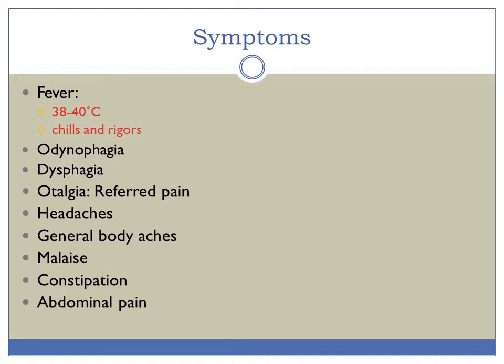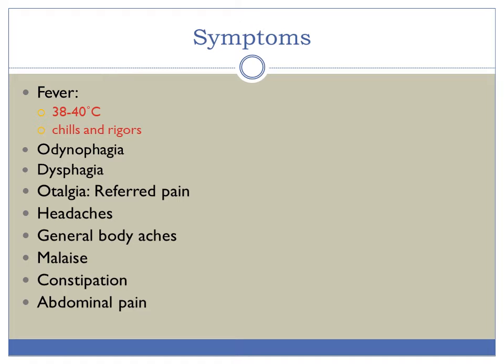Patients suffering from acute tonsillitis will complain of low-grade fever with chills and rigor. These patients usually complain of odynophagia, that is, pain while swallowing, and dysphagia, which means difficulty in swallowing.